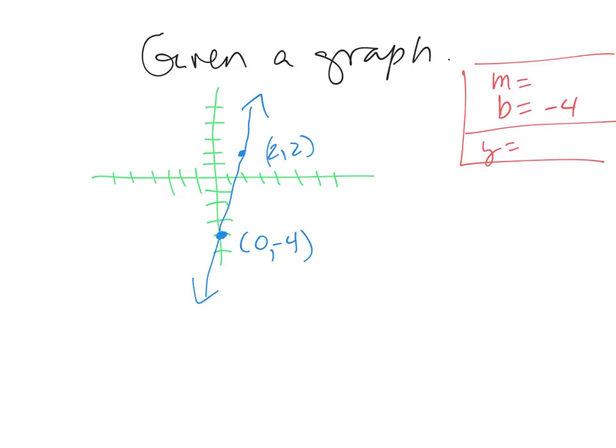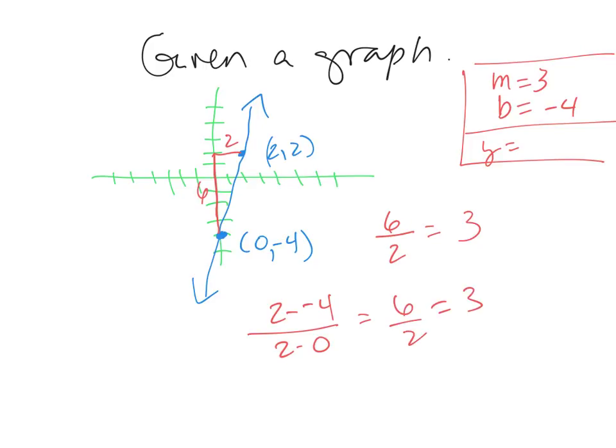You can count your slope by going up here, which is up 6, and over 2, which is a slope of 3. Or you can do the slope formula using those 2 points, which is 2 minus -4 over 2 minus 0, which is 6 over 2, which is 3.